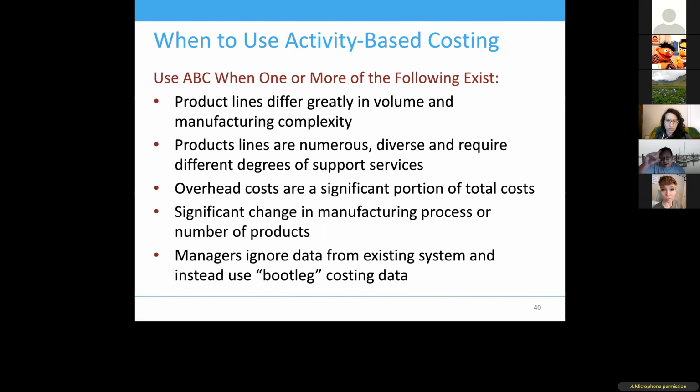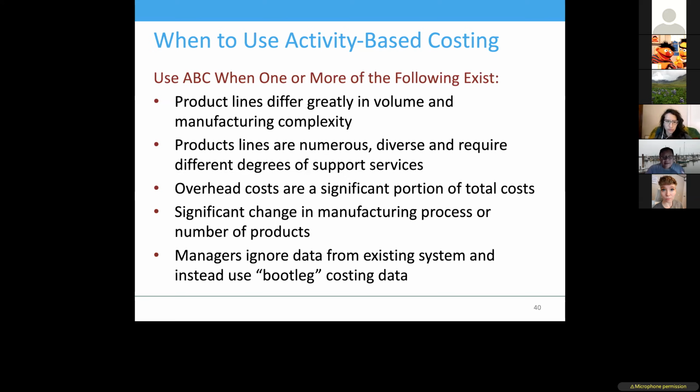Let's say this overhead cost is only 5% of your total cost. It's not significant. Even if your number is off a little bit, your total cost may not be off too much. Eventually, what you care about is your product cost, the total cost including direct materials, direct labor, and overhead. If overhead is only a small portion of your total cost, then maybe it's not that important to have this number very accurate.